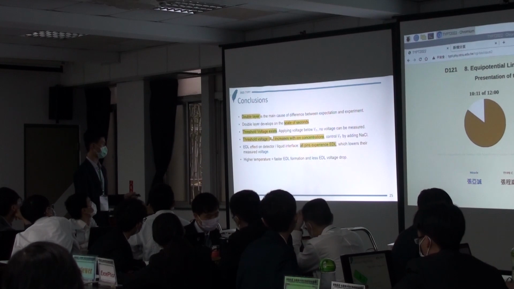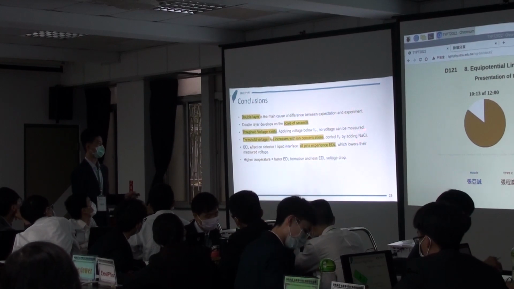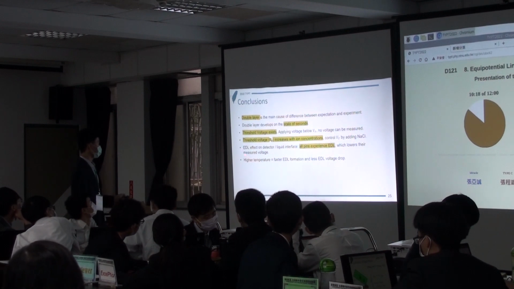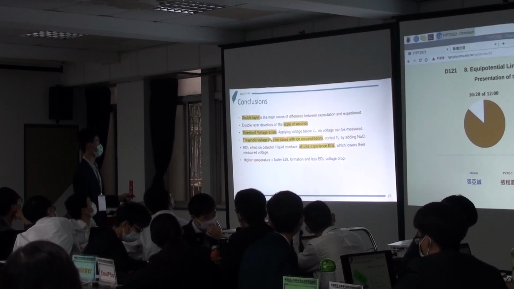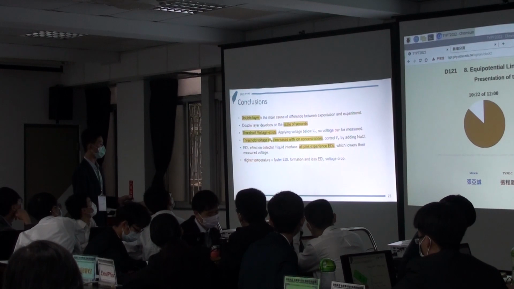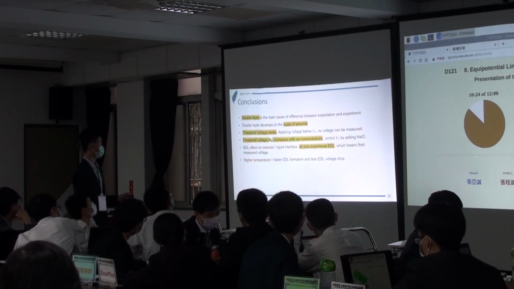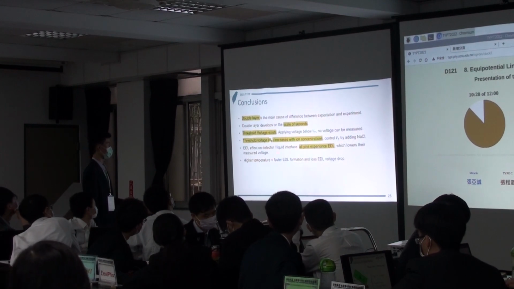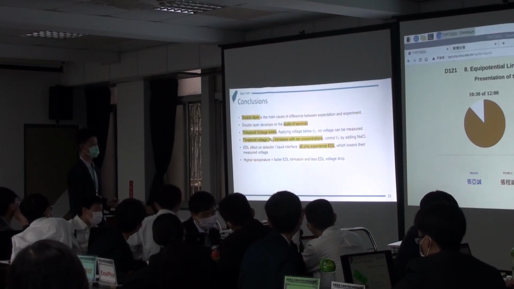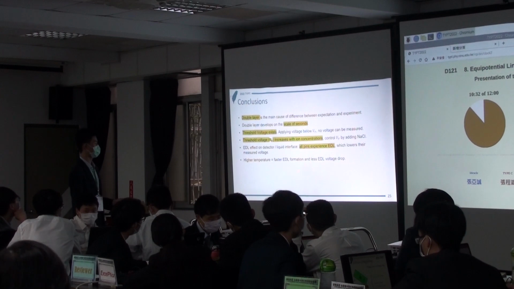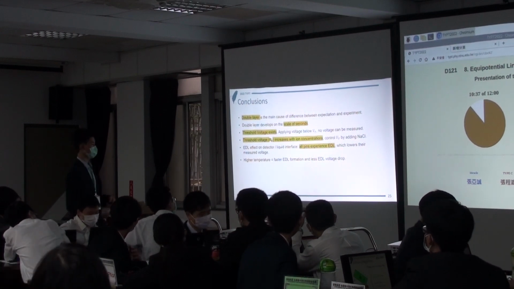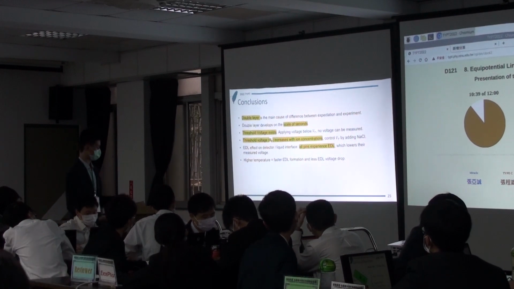And we can control the threshold voltage by adding ions into our solution. The effect of the EDL on the detector and liquid interface is that all of the detector voltages are decreased. And finally, at higher temperatures, there is faster EDL formation because the diffusion speed of the ions is faster, and there is less EDL voltage drop because the effect of diffusion is also larger.